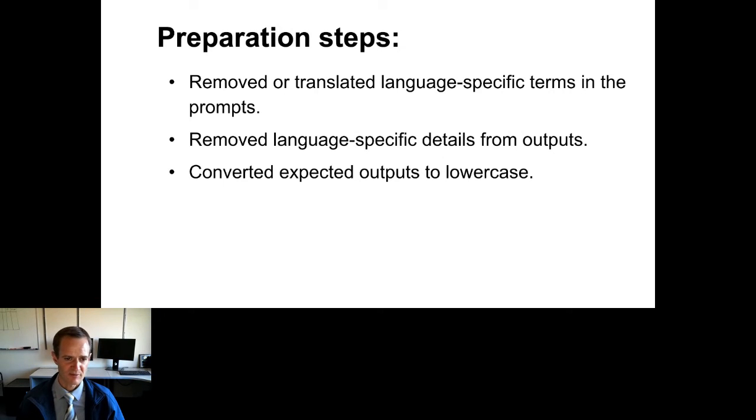So instead of saying, write a Python list that will do such and such, we would say, create a vector or something like that. We removed language-specific details from the output, because sometimes the outputs that these languages produce are different from what you would get in Python, so in order to make it consistent, we removed some of those things. And then we converted everything to lowercase just to try to remove some variability.